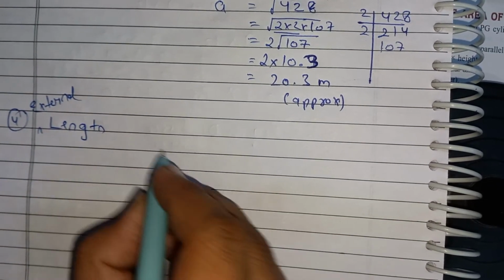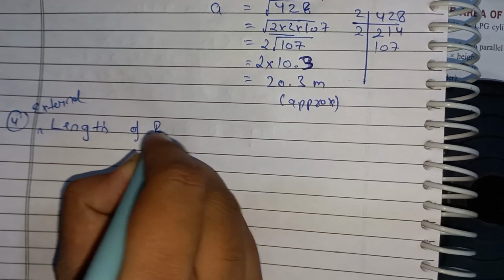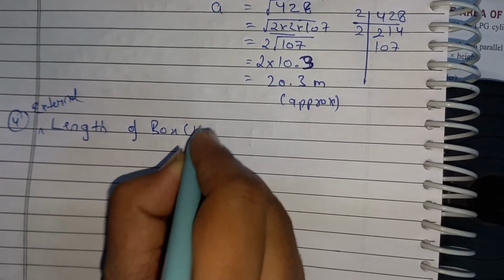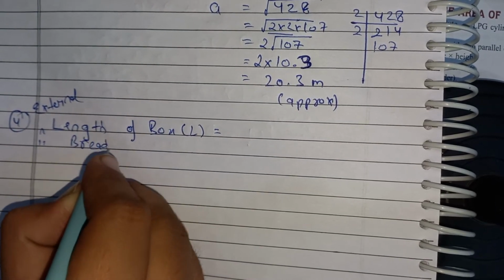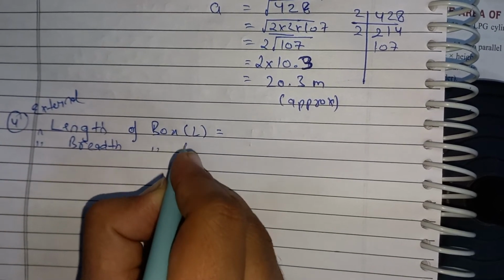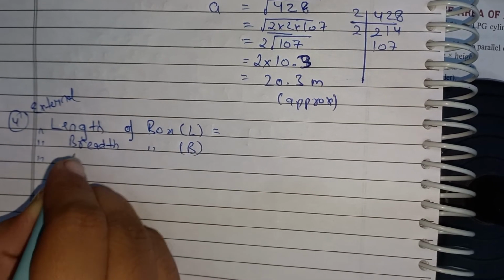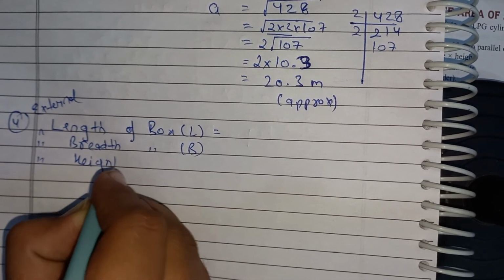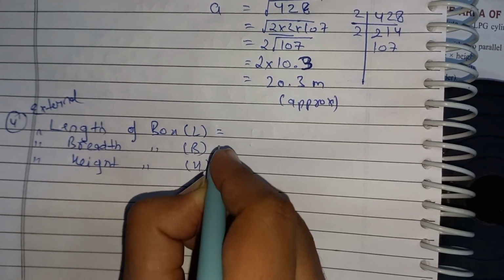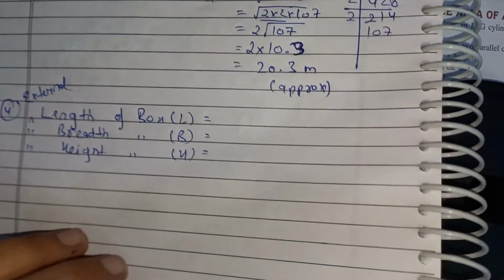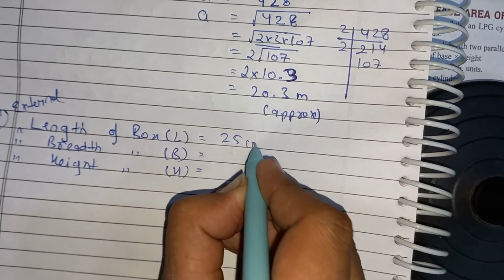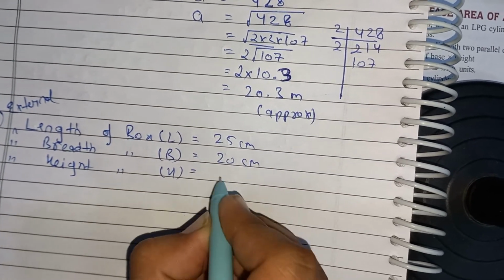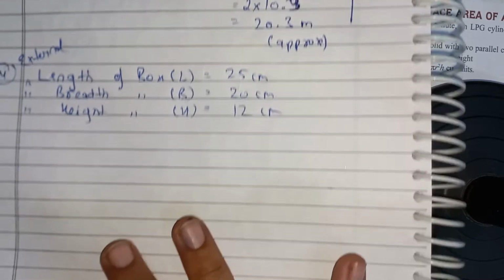External length of the box, which is capital L. External breadth of the box, which is capital B. External height of the box, which is capital H. What are L, B, H? 25, 20, 12.